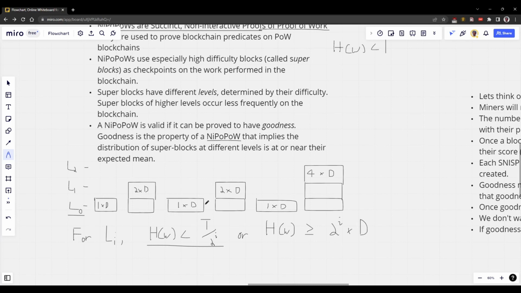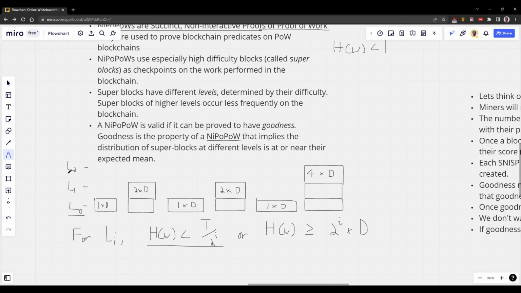You have L0, which is all blocks, but you have L1 as well, which is all blocks that are greater than 2 times the difficulty, or essentially have a hash value that is 2 times below the current target. All that means is that the block occurs 2 times less often compared to blocks at L0.